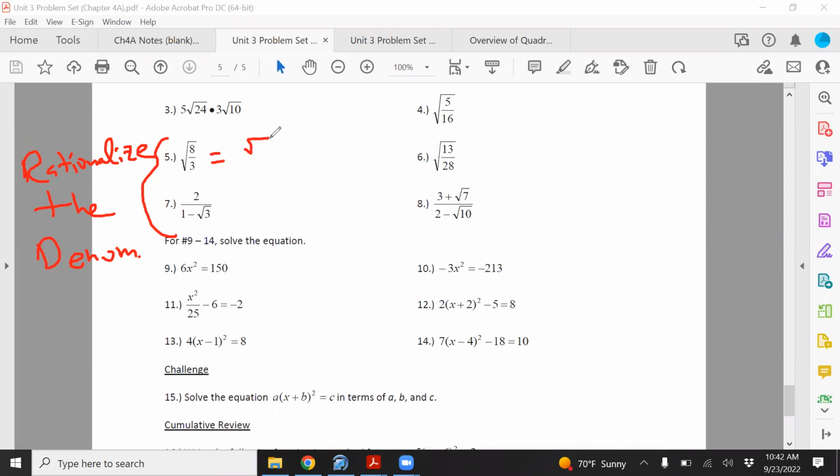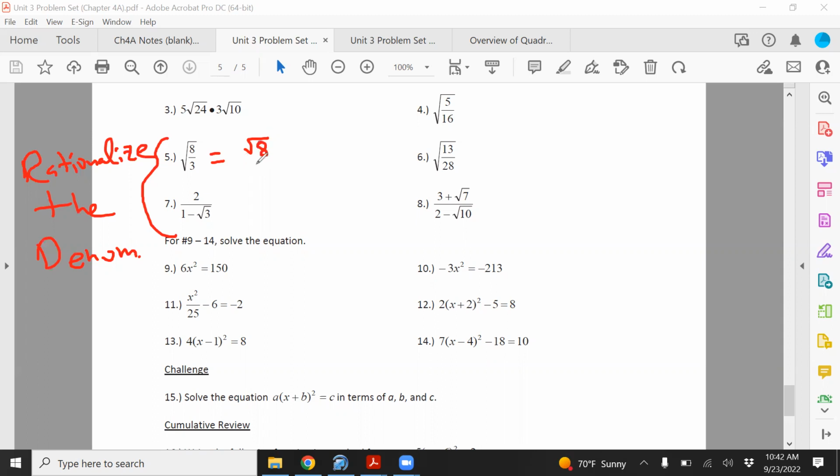Honestly, when I teach pre-calc and calculus, I don't care if I have a radical in the denominator. But when you do multiple choice tests, especially the SAT, ACT, or an AP Calculus exam, which you might do in a couple of years, the answers are going to have denominators with no radicals. The radicals will be eliminated from the bottom. So you need to know how that process happens.